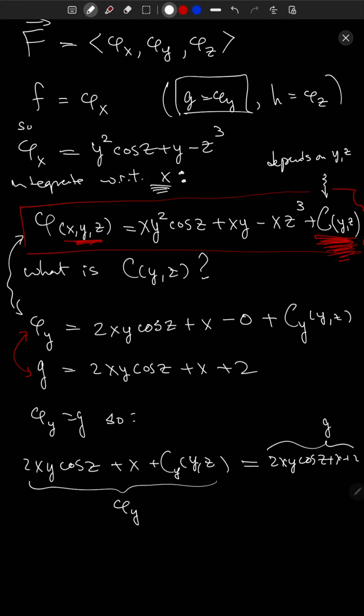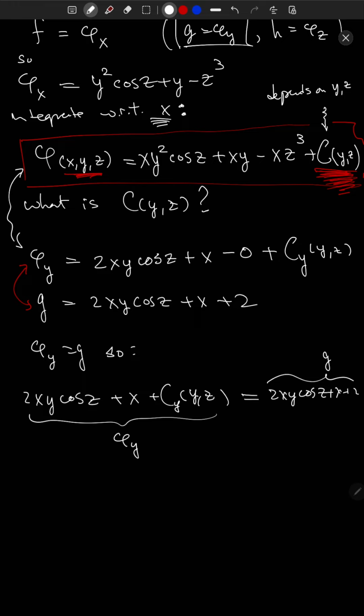That's our g. And what will happen, if you've done these correctly, is you'll have lots of cancellations. So 2xy cos z cancels with 2xy cos z. x cancels with the x. And so we conclude c sub y, y comma z, is equal to 2.